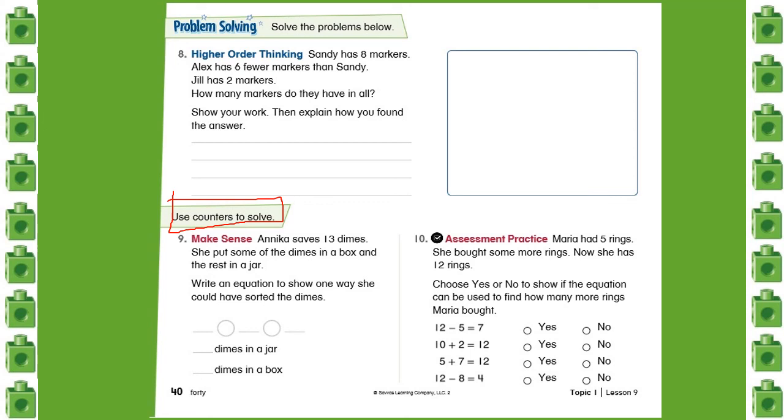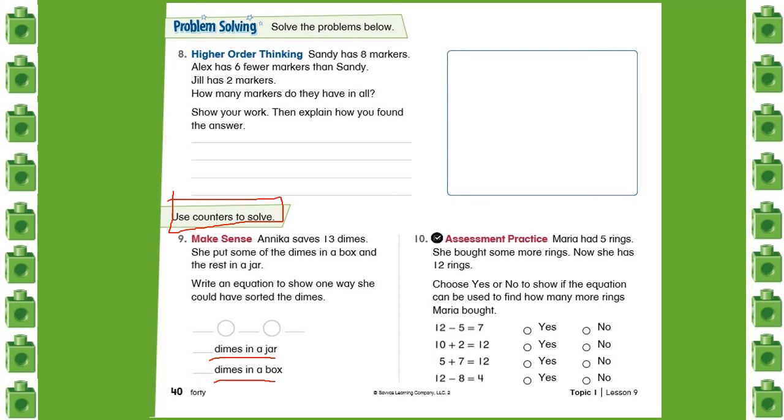Write an equation to show one way she could have sorted the dimes. Now for this one, there are many possible answers. You just have to be sure that you have a total of 13. Okay? So try this and look at the bottom. They want you to say how many dimes went in the jar, how many dimes went into a box.